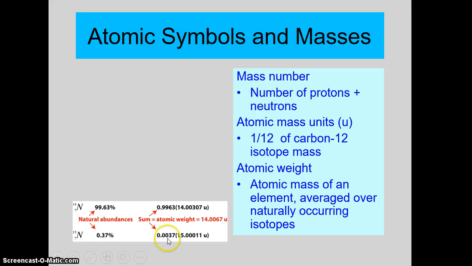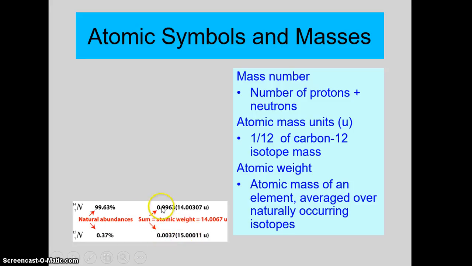In numerical terms, you move the decimal place 2 places to the left, so it would be, see how small this is, 0.0037 times the atomic mass unit, or the U, of nitrogen 15, which again is given to you, and the percentage is given to you.